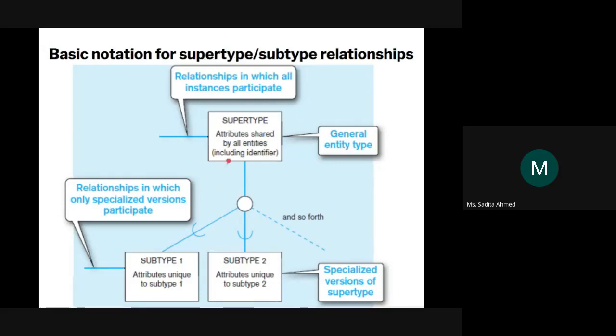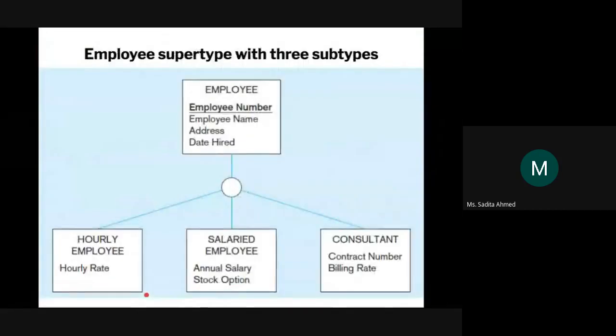However, relationships that are shared by all instances are connected to the supertype, and relationships which are unique to a specific subtype are connected to only that subtype. Obviously, just how a subtype's unique attributes are placed only under that subtype. That's what you have seen, right? In the case of employee, unique attributes are placed within the respective subtype, and only that one.